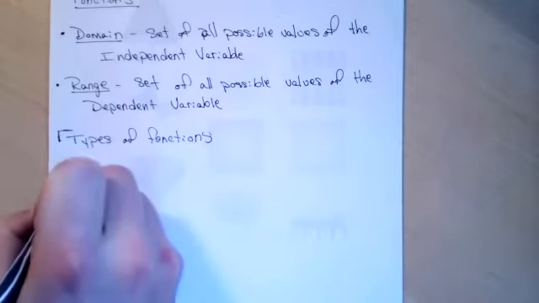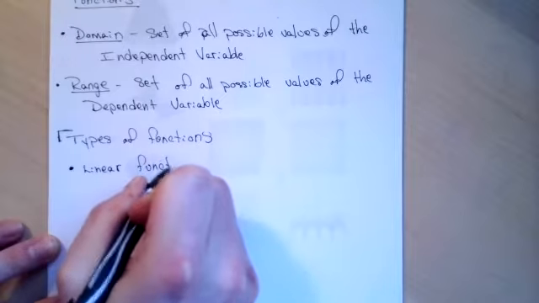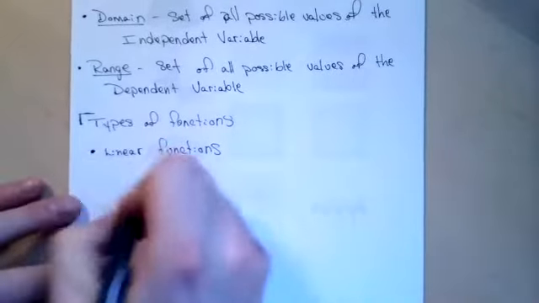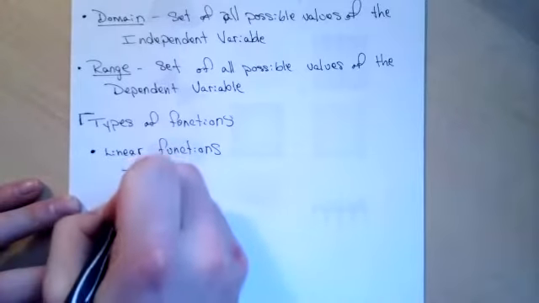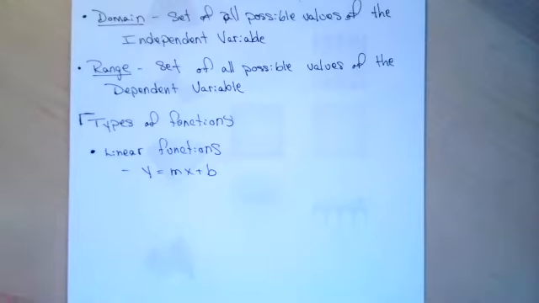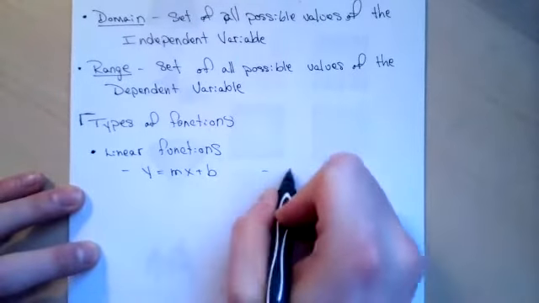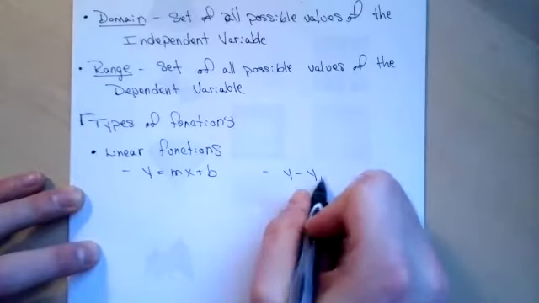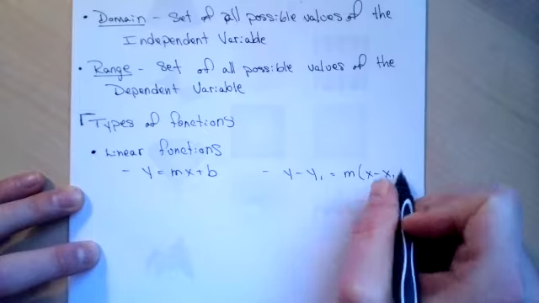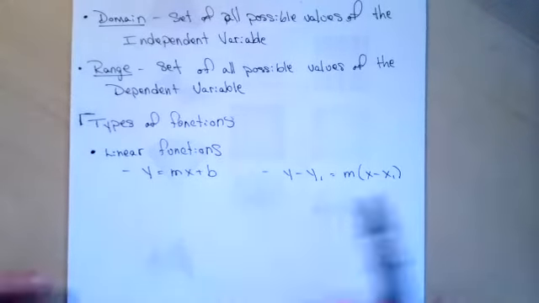So first functions we usually start to see are linear functions. Hopefully everyone's familiar with linear functions. The key equations with this, we're going to model linear functions as either y equals mx plus b, which gives us our slope-intercept form, or y minus y1 equals m times the quantity x minus x1, which is going to be our point slope form, also very useful.